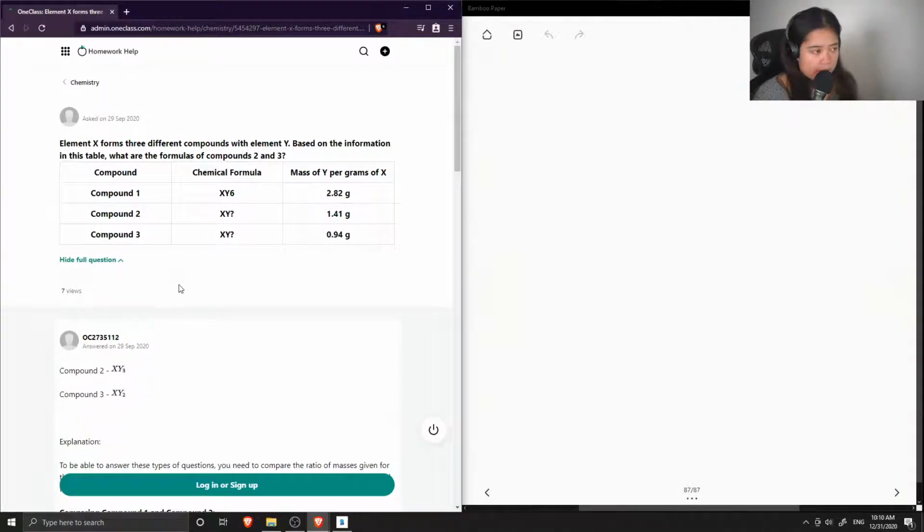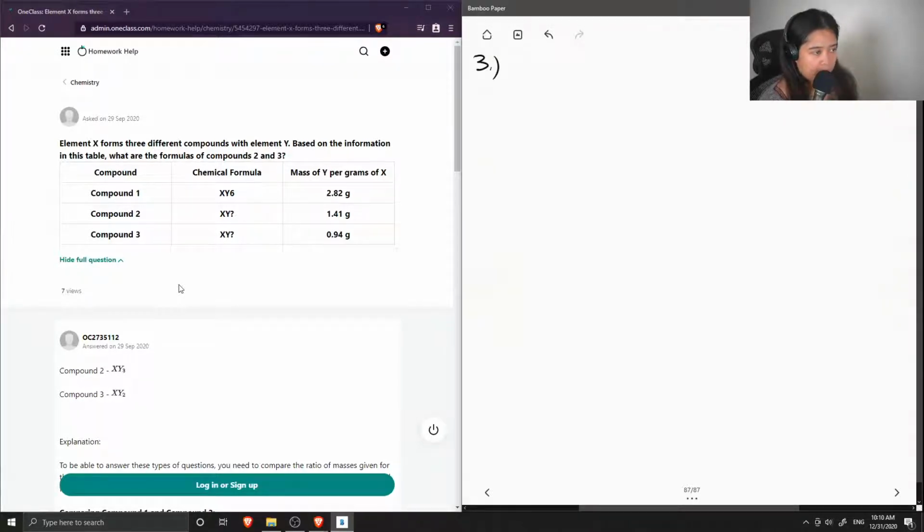Okay, so question 3 says that element X forms 3 different compounds with element Y. Based on the information in this table, what are the formulas of compounds 2 and 3? So they have this helpful table showing all the different compounds.